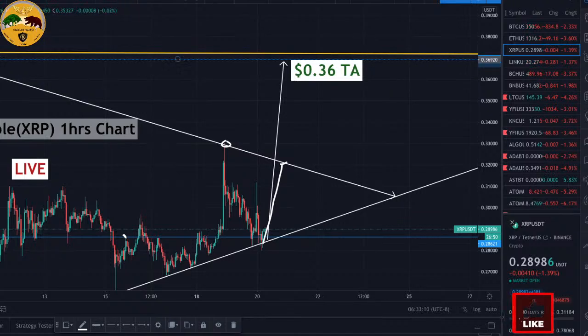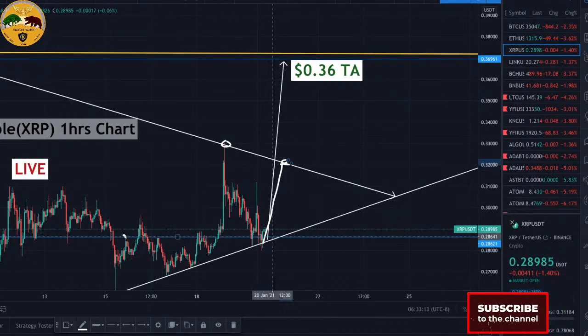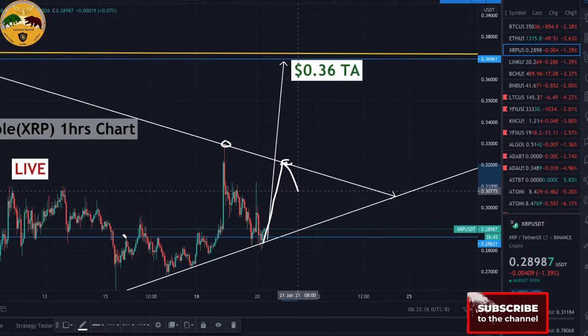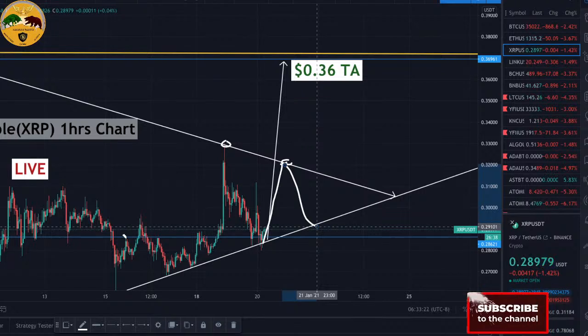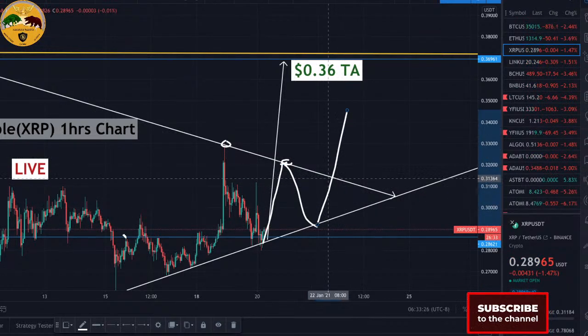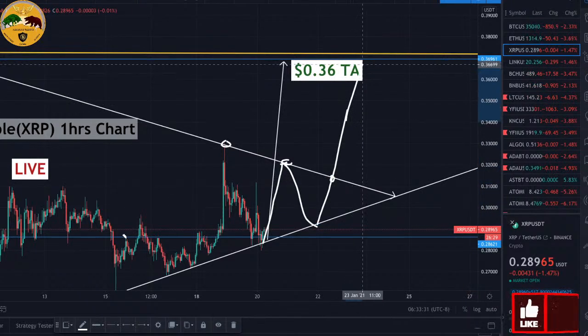We could short at this zone, 0.31 to 0.32. So we could see price reacting. I'm an open trader, so I'm open to all possibilities to avoid casualties. So it could come back here before making another attempt to break this resistance sellers' line that is located here before making its way to 0.36.